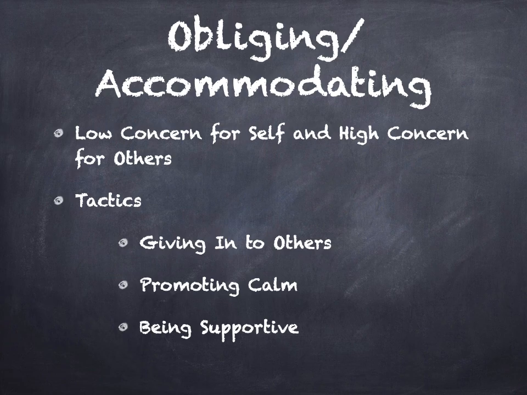And then being supportive, saying things like, I hear what you're saying, right? Listening appropriately by nodding your head in agreement or understanding. So being supportive, promoting calm, giving in to others, those are three tactics that one can use when using the obliging or accommodating style or approach.